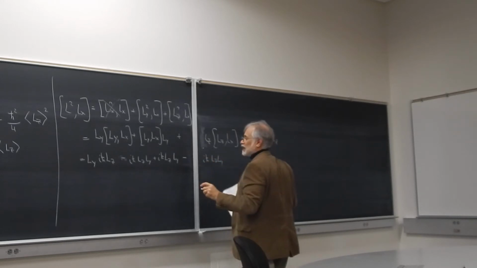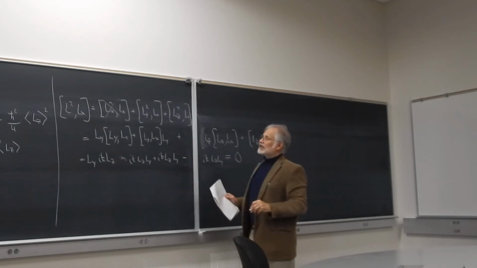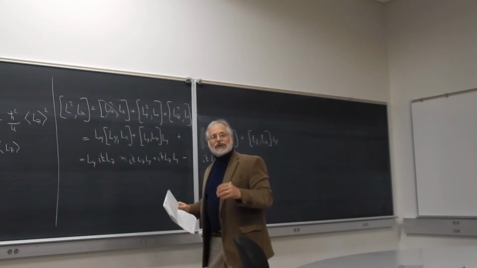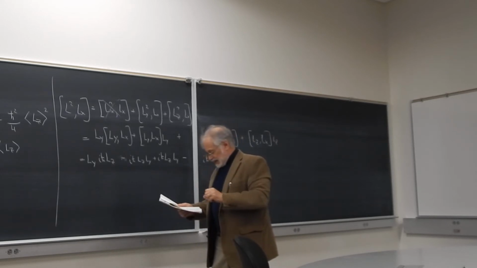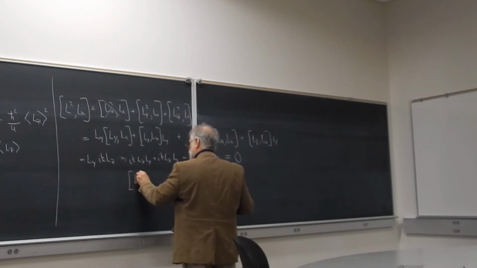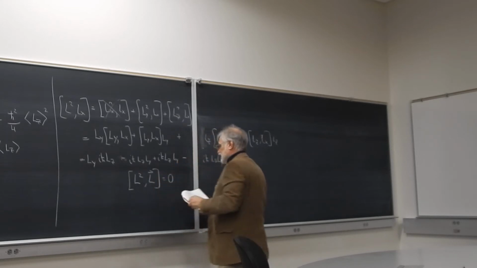Of course, I add these up. I've got two pluses, two minuses. They cancel out. And so they commute. Similarly, L squared would commute with Ly and Lz in the same fashion. And so we can write this in a shortcut fashion as [L squared, vector L] is equal to 0.